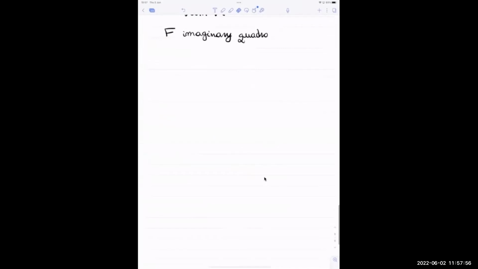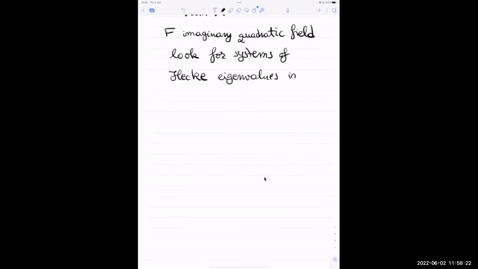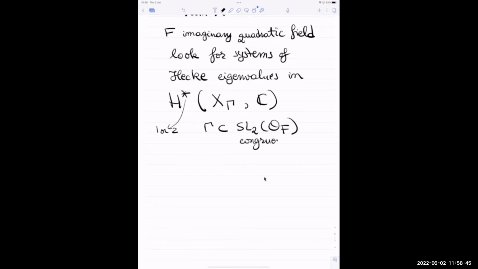Okay, good. So F is an imaginary quadratic field. There's a qualitative difference that comes from the fact that we want to look inside, for systems of Hecke eigenvalues, say H^*, where star is really going to be just 1 or 2, of some locally symmetric space with some level, where now this X_Γ, so Γ is a congruence subgroup again inside SL_2(O_F), is one of these Bianchi manifolds.